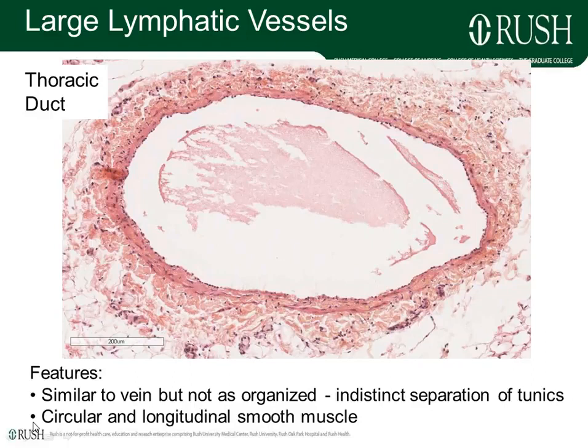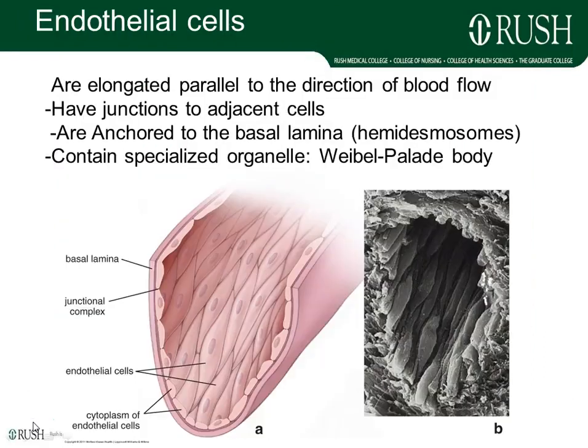It's the dark pink line directly around the lumen. And then outside that, you have the collagenous connective tissue of the tunica adventitia. Sometimes they have circular and longitudinal smooth muscle, similar to the larger veins, but again, it will be very poorly organized, and it just will not look as well put together as a comparably sized vein.